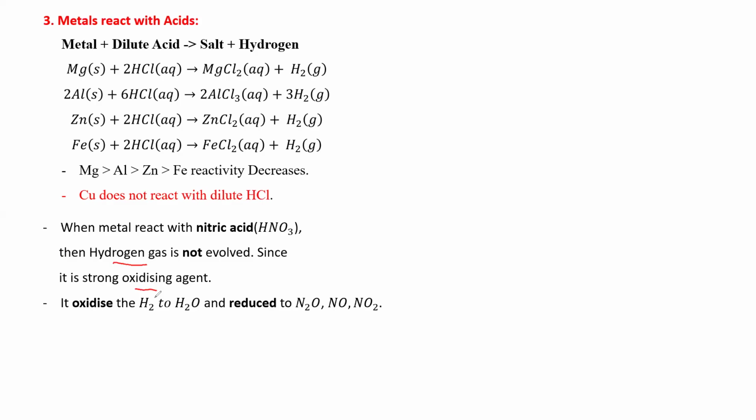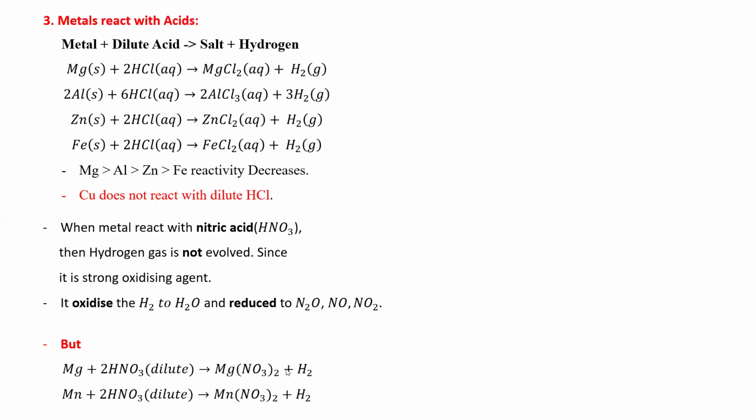Whatever hydrogen gas is available here is going to be oxidized. Hydrogen will be converted into water, and the HNO3 is going to be reduced in the form of N2O, NO or NO2. So it is very important: metal reacts with nitric acid but doesn't evolve free hydrogen gas.